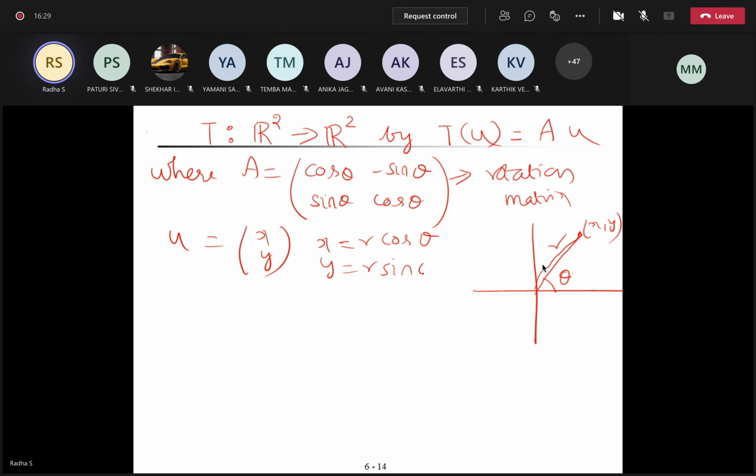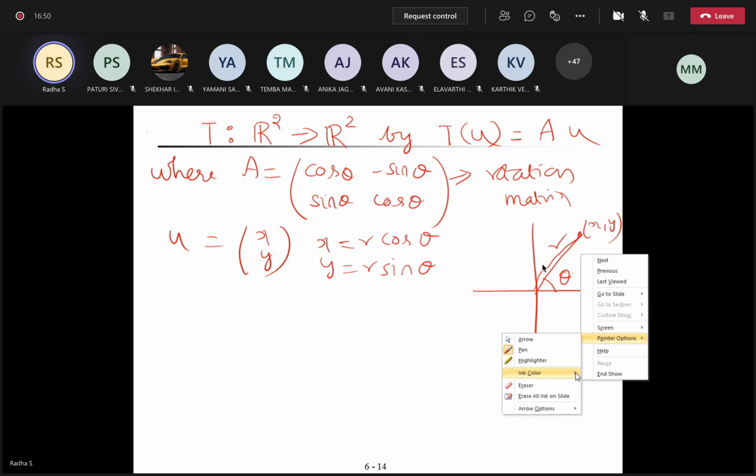Now I'm going to perform this operation and see what happens to the vector. Initially it is x comma y, that is r cos theta, r sin theta. Now let us see when it is multiplied by something.